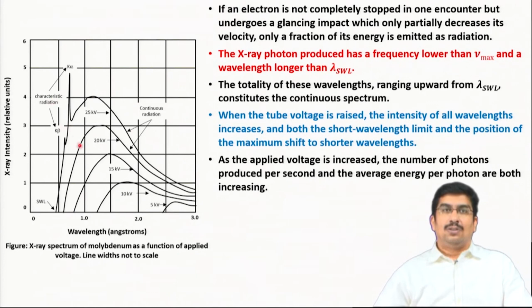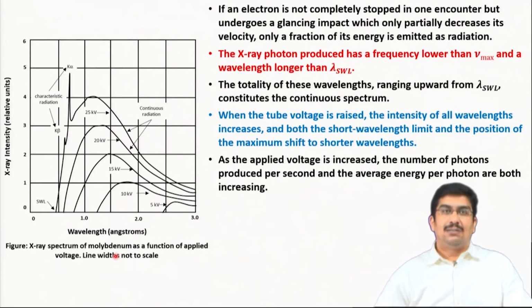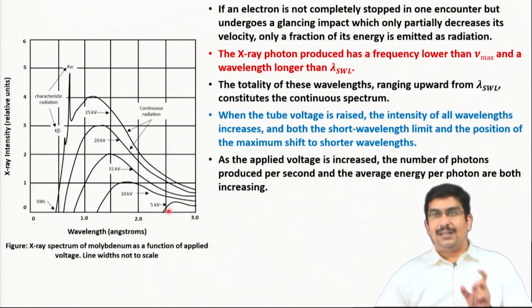Now, this says that if we increase this accelerating voltage, and it is shown here for a molybdenum anode, or molybdenum target, all of these are continuous spectrum curves we have collected at different tube voltages. All of these are showing a lambda SWL, but that lambda SWL is varying with tube voltage, and as we understand, it is inversely related.